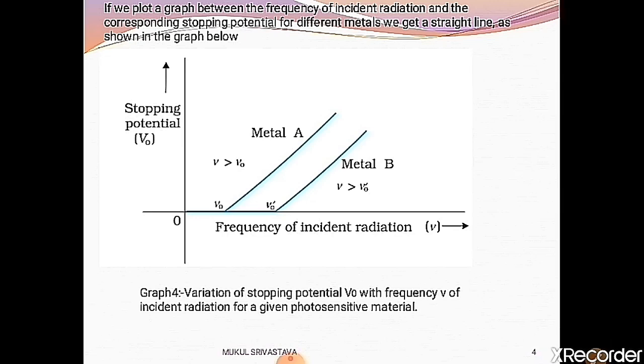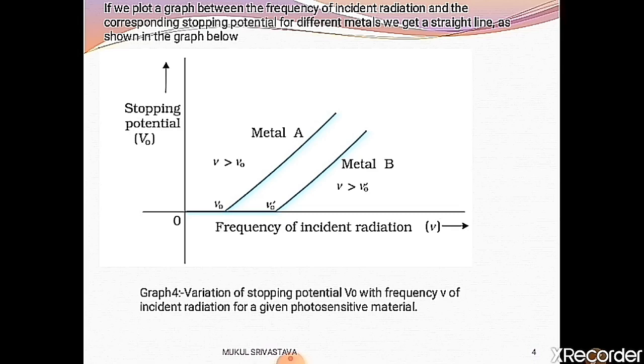In this figure, nu naught is the cutoff frequency of metal A, and nu is the general value. If nu is greater than the cutoff frequency nu naught, then photoelectron emission is possible, but below that no photoemission of electrons is possible.